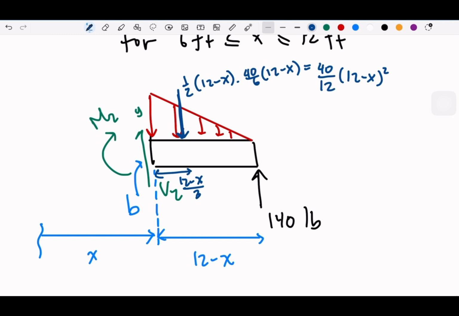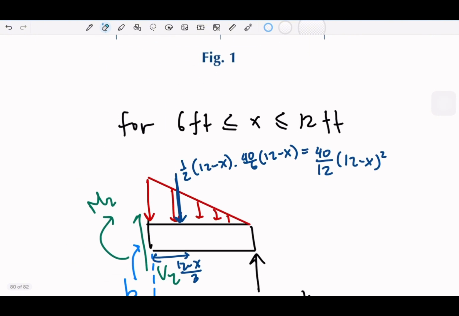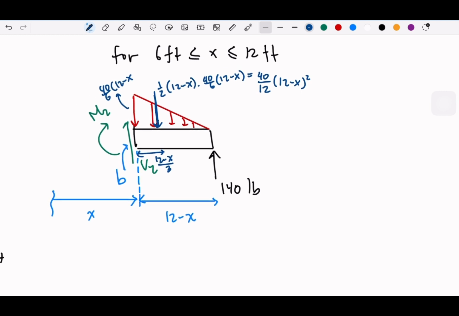And then what else do we need? Oh, here is 40 over 6, 12 minus x. Okay, I think we have cleared all the stuff.